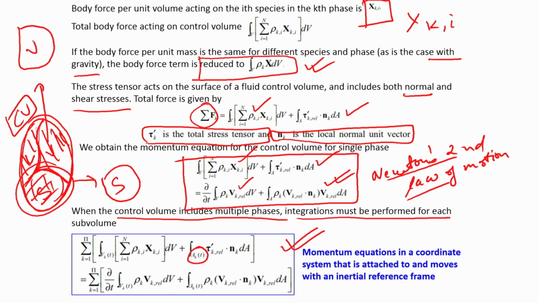Similarly, these volumes are the individual sub volumes. The rest of the equation remains exactly the same, but it has been summed over all the phases. So, that is the momentum equation that we did last class, where we re-emphasized what the momentum equation should look like.